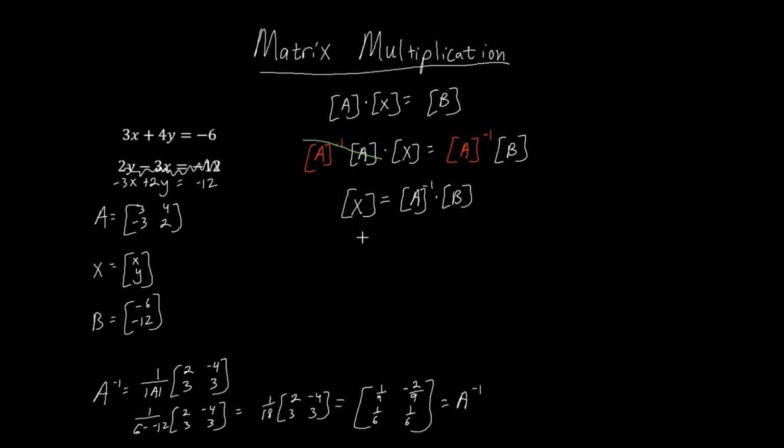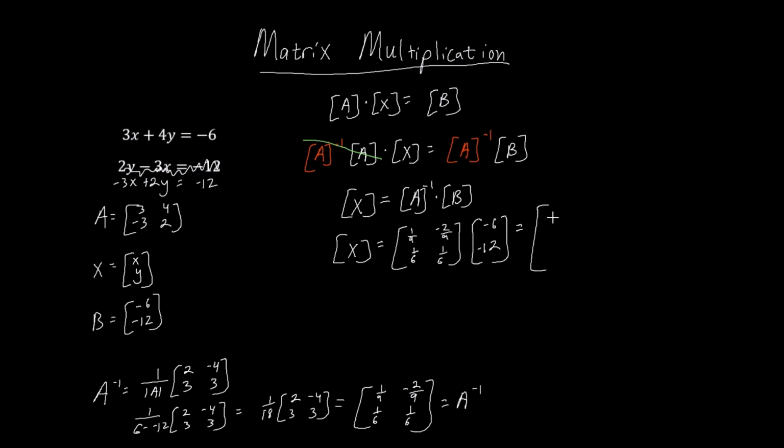Let's go ahead and do some matrix multiplication. X is equal to 1 over 9, negative 2 over 9, 1 over 6, and 1 over 6, multiplied by negative 6 and negative 12. So again, I am allowed to multiply these: a 2 by 2 matrix multiplied by a 2 by 1.